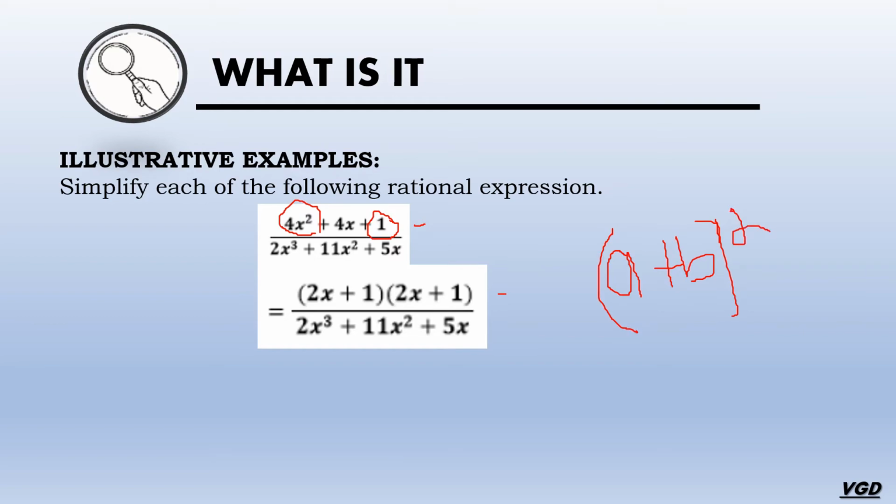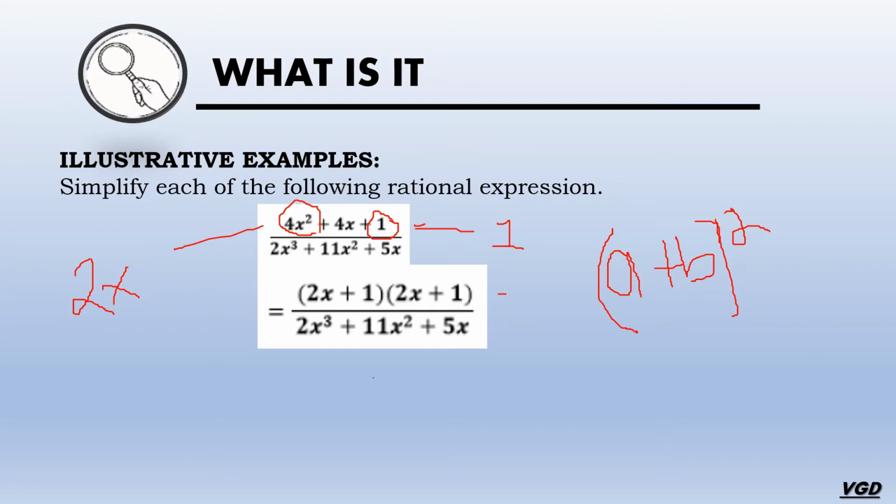Right? So therefore, when we extract the square root of the first term 4x squared, it is equal to 2x. And the last term, when we extract the square root of 1, the answer is still 1. So with that, we already have 2x and 1.